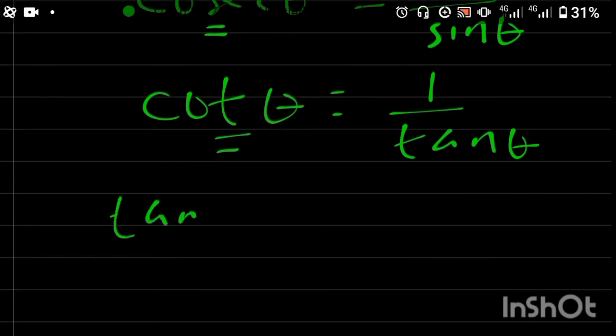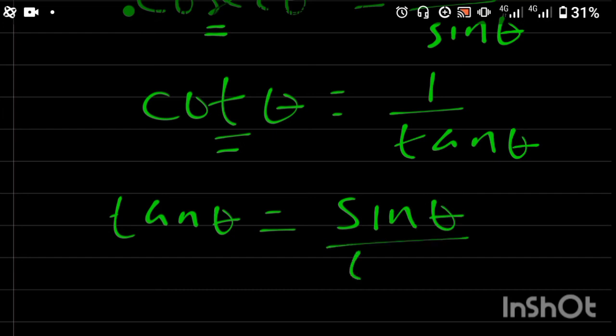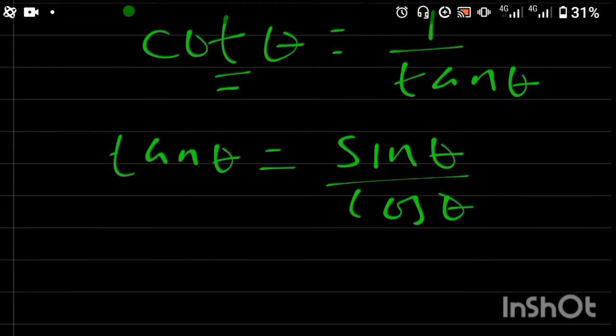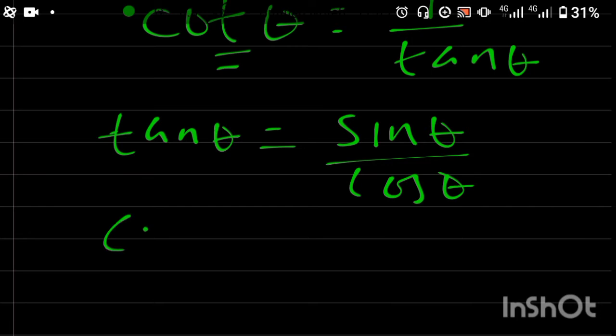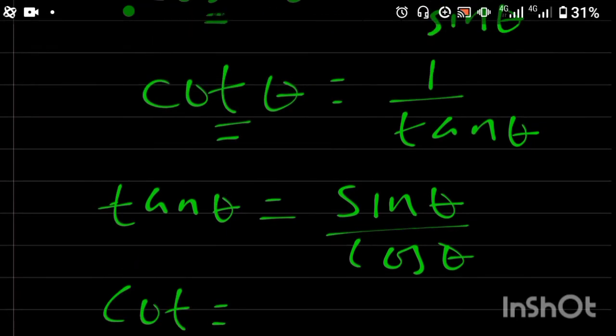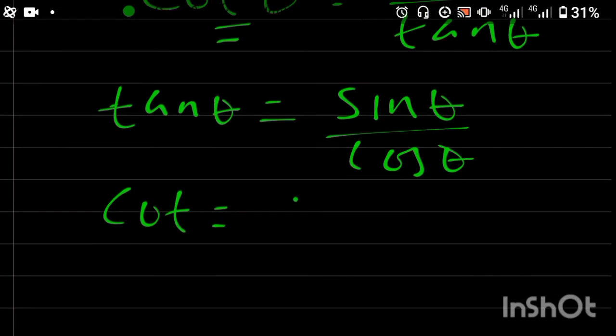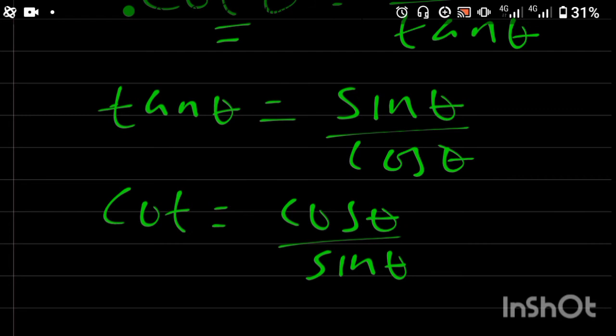If tan theta is equal to sine theta over cos theta, then since cot theta is the reciprocal of tan theta, cot theta will be equal to cos theta over sine theta.